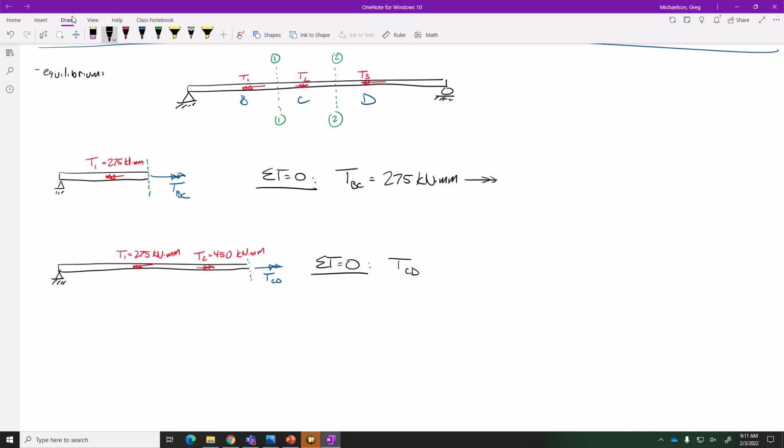Well, do I have it drawn in the correct direction? Actually, I don't think I do, because I've got 275 this way, 450 this way. I need another 175 going this way. This is actually the wrong direction. And that's going to be like that. Does that make sense?